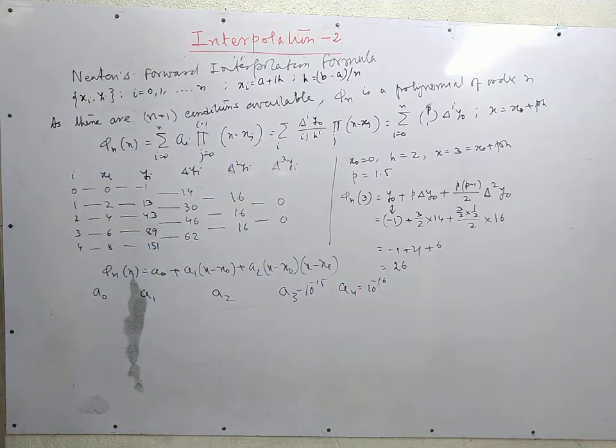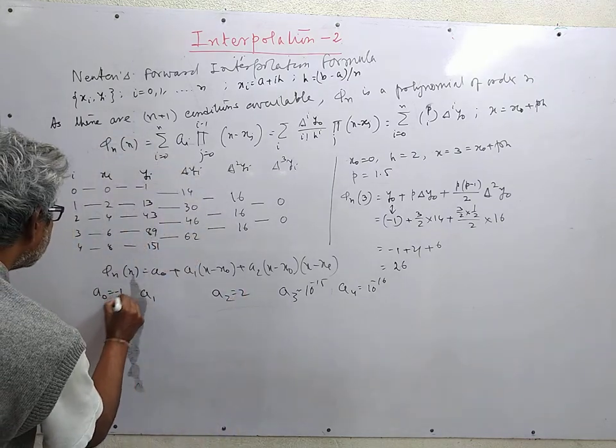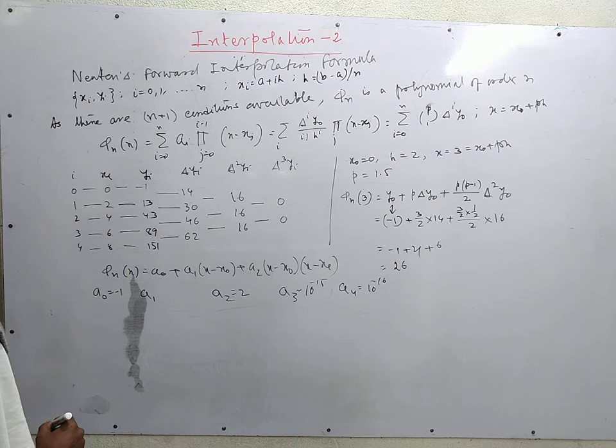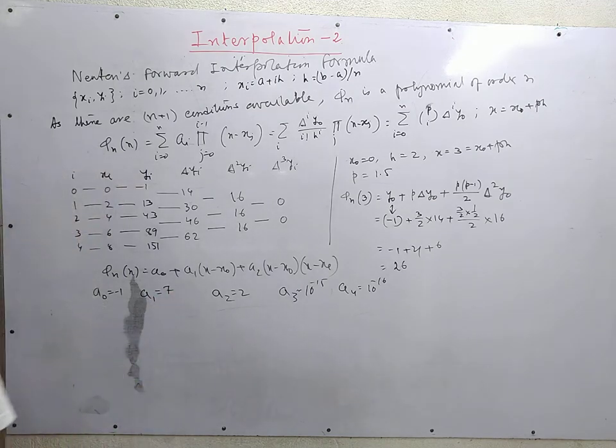And the other values that we have obtained: A2 is 2, A1 is minus 1, A0 is minus 1, and this is around 7. These are the values that I have obtained.